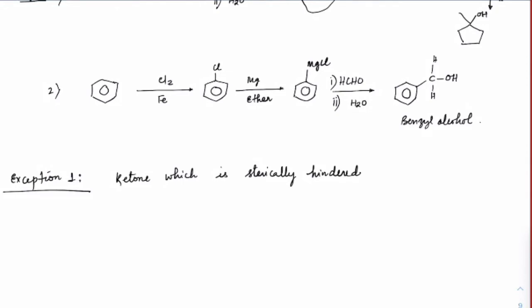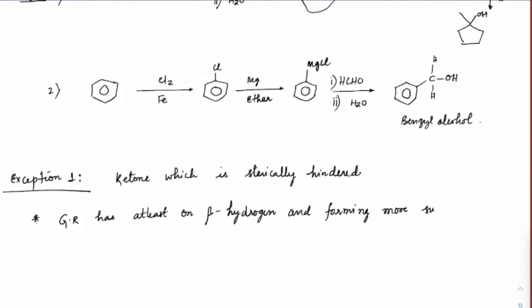Okay, so what is the requirement here in this case? What we are expecting: suppose Grignard's reagent has at least one beta hydrogen, and forming more substituted alkene as product.